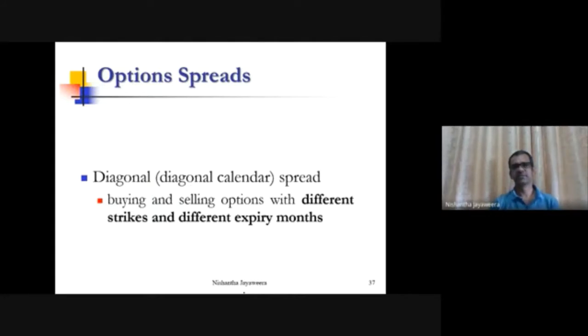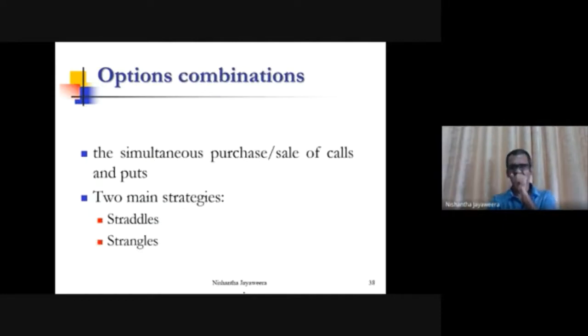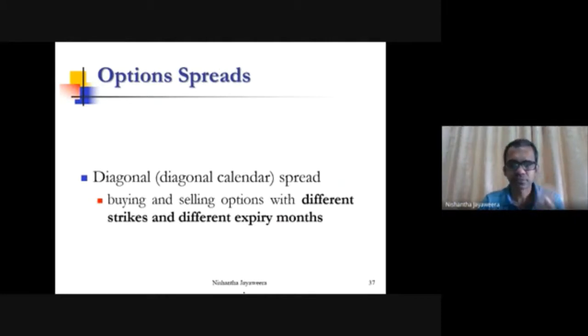That's what you do: buying and selling options with different strikes and different expiry months, to get the advantage of both the volatility and price movements, depending on your view.